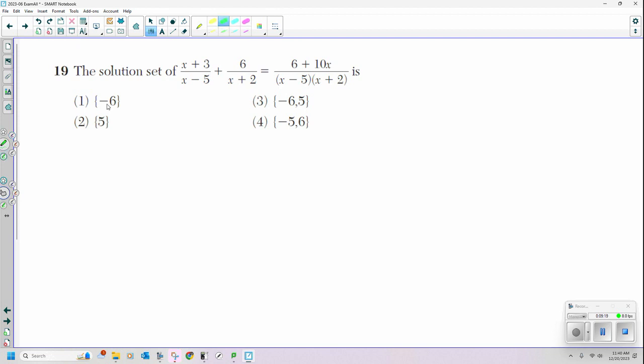There's only x, not an x and a y. I can put one side in y1, and the other side in y2, and just see where they intersect. And that's exactly what I'm going to do.